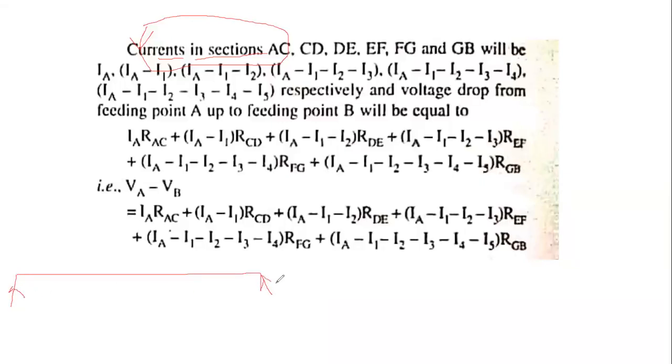This is the feeding voltage at point A, VA, and this is the feeding voltage at point B. This is point A and this is point B. The voltages are equal. What is the condition? In this condition, VA is equal to VB.